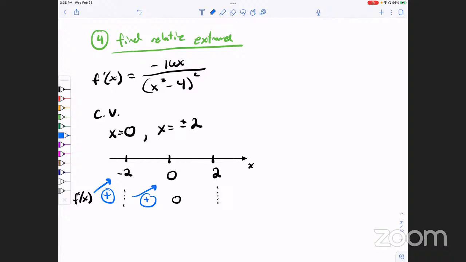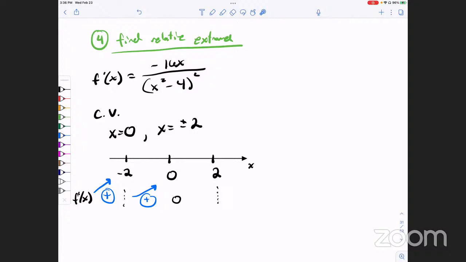So that means that -2 is not a relative extreme, based on this, as long as we're doing this right. Let's try when x is like 1. If we plug 1 into the first derivative, the numerator is negative and the denominator is positive.